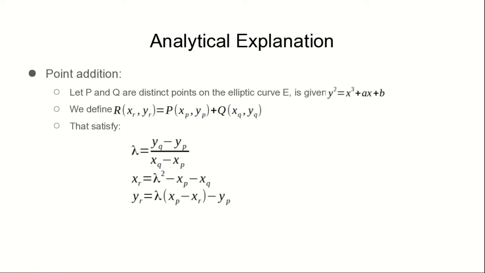Then let's formulate the equations. First comes point addition. Let P and Q be distinct points on the elliptic curve given by y squared equals x cubed plus a times x plus b. We define R equal to P plus Q that satisfies these equations.